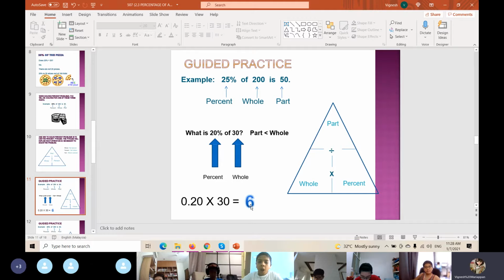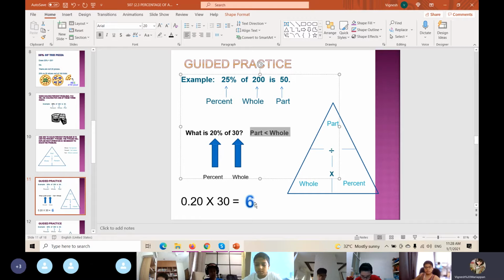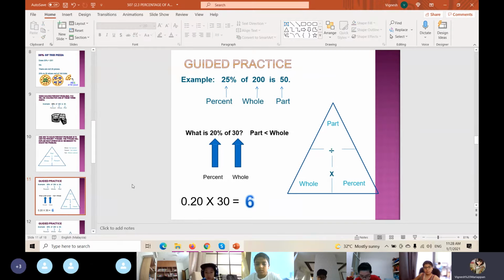Yes, this is the correct answer. Why? Because part must be smaller than the whole. Is this part smaller than this whole? Yes, so this number is correct.